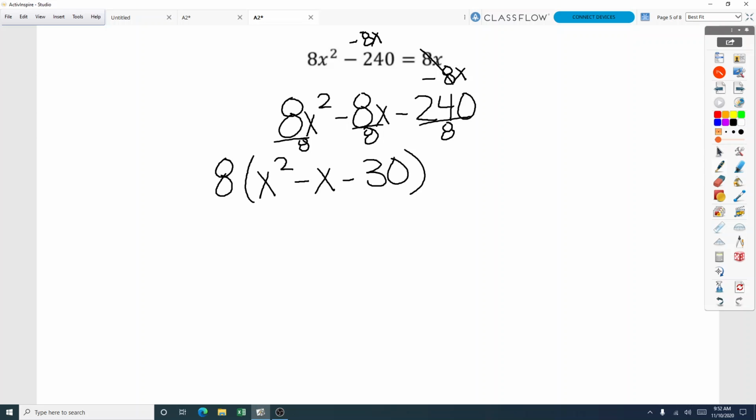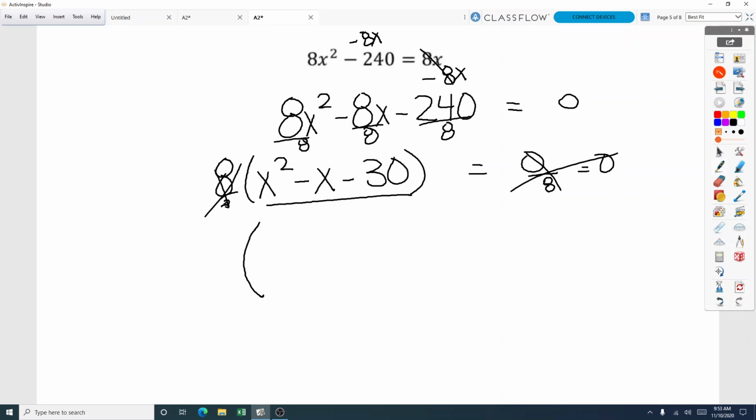Now, I can technically get rid of this 8 and move it to the other side, because remember, this actually equals 0 over here. So if I just divide that 8 out over here, it still is 0, so it technically just goes away. So I'm looking at this x squared minus x minus 30 to factor.